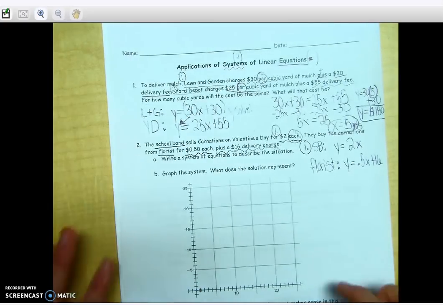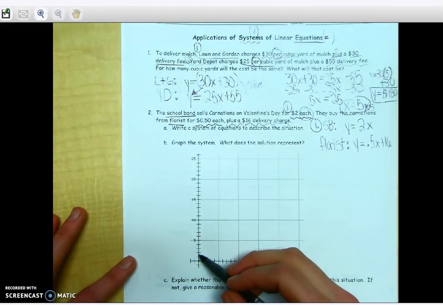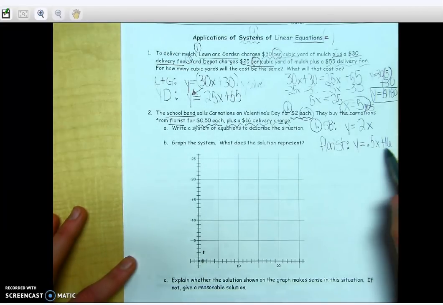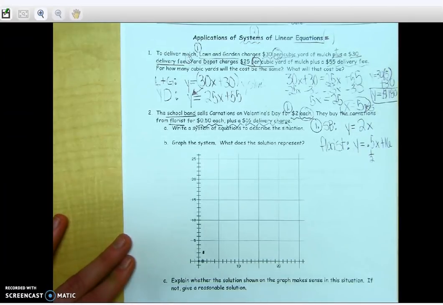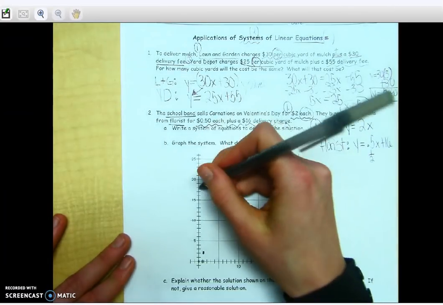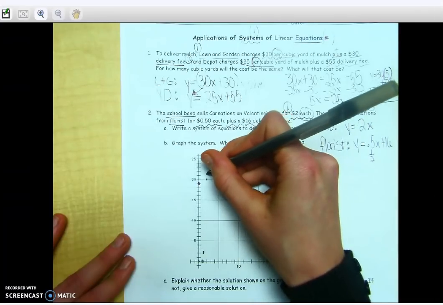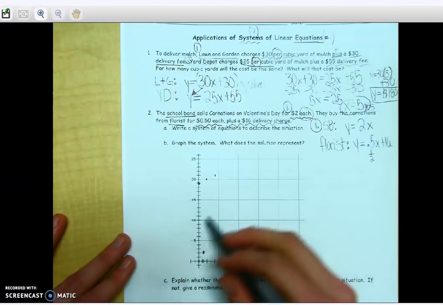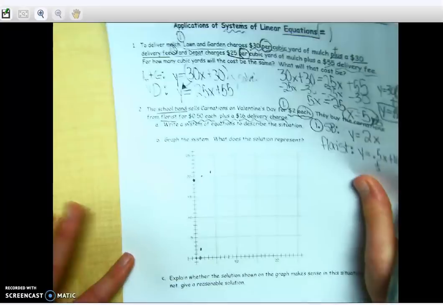So what you're going to need to do is graph these two equations. So y is equal to 2x, up 2 over 1. You can extend, right? And then our slope, 0.5, is also a rise over run of 1/2. So if we have 16, up 1 over 2, up 1 over 2, and you can extend that line as well. See where they intersect, and then talk about your solution, okay?